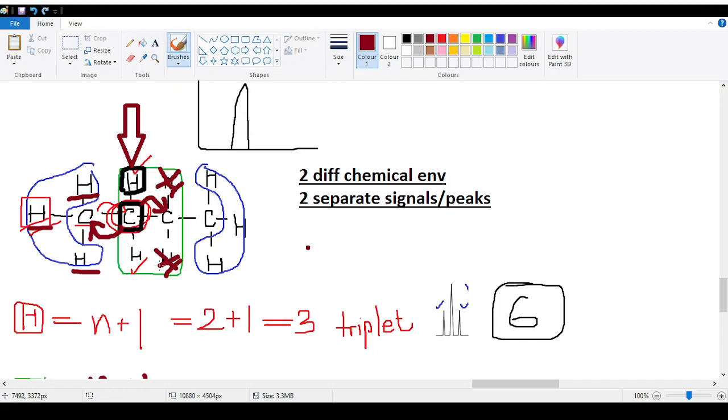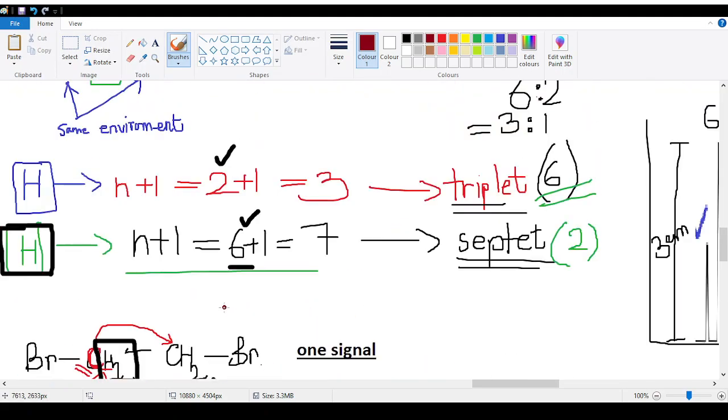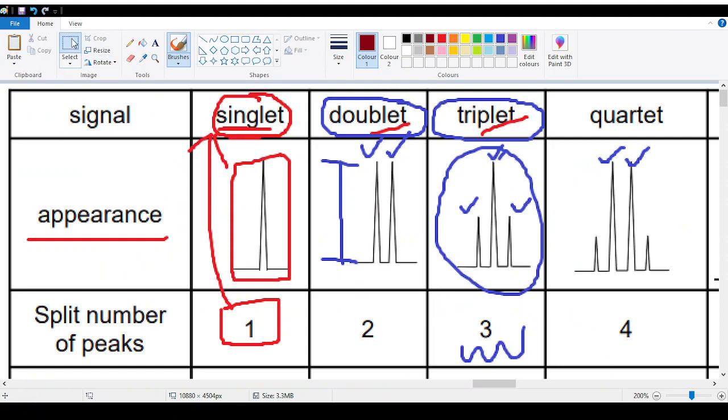I cannot consider these because they have the same environment as the one that I've marked. But I can consider the three hydrogen atoms on the left neighbor. So for n plus 1, we'll take 3 plus 1. So you'll get 4, and for 4, you are going to get a quartet pattern. A quartet pattern is like this.